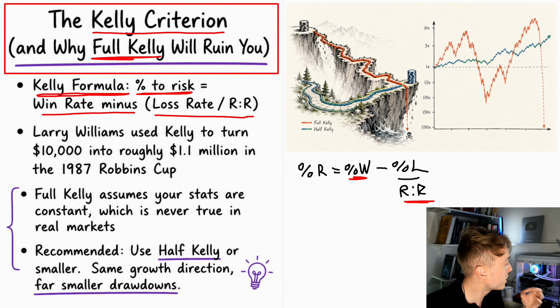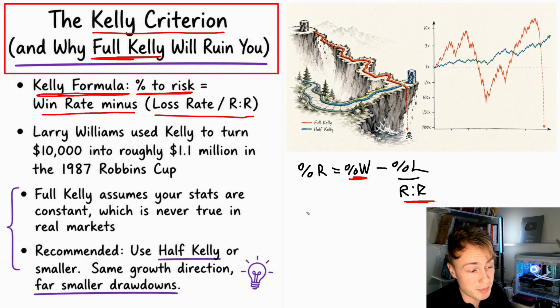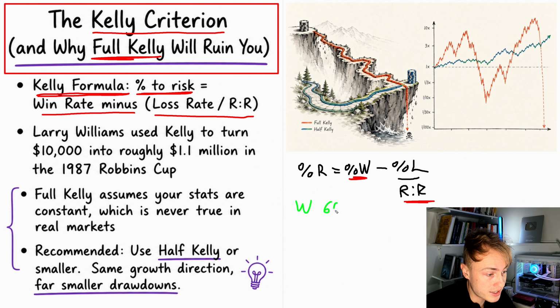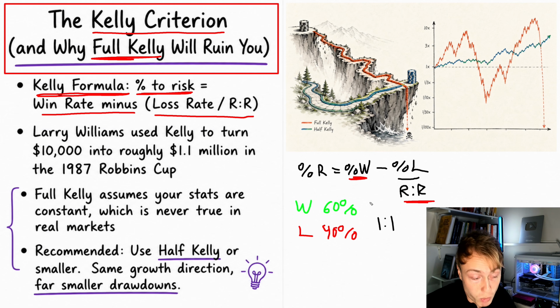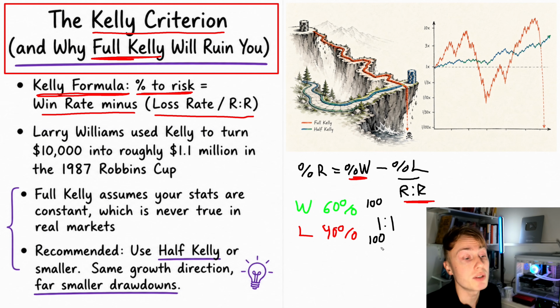So to keep it simple, let's make an example here. Let's say that you have back tested at least 100 trades, and according to your test, you have a win rate of 60%, which of course means that you have a lose rate of 40%. And let's say that in this case you had a risk to reward of, to keep it simple, 1-to-1. So you won on average, let's say $100, and you lost on average, let's say $100.